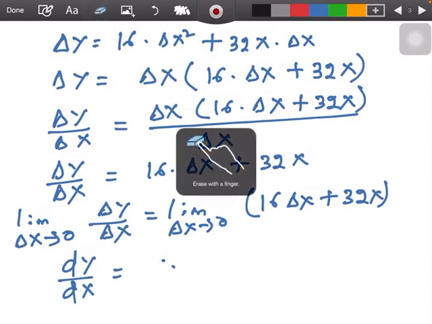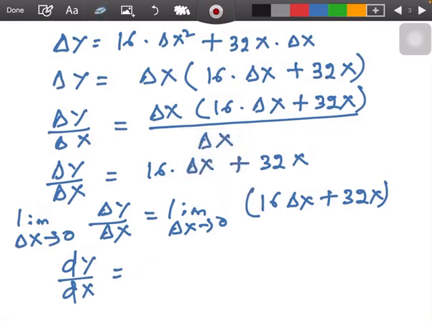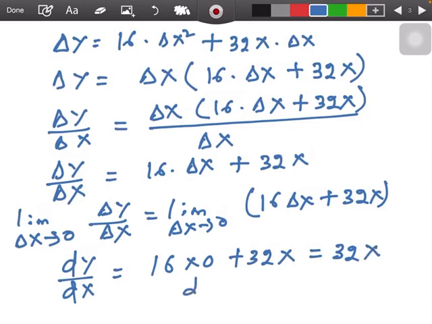You put the value, delta x tends to 0. So it will be 16 into 0 plus 32x is equal to 32x. So you got the answer. dy by dx is 32x. This is how you can calculate derivative by applying first principle.